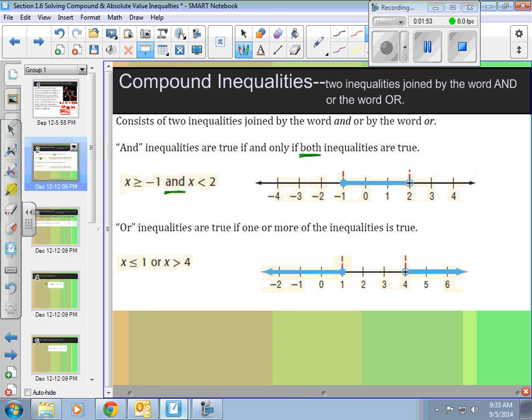So x has to be greater than or equal to -1, and x has to be less than 2. So that is shown here on the number line. Then when we use or, it's true if one or more of the inequalities is true. So they do not both have to be true at the same time. That is for the word or. So for this one, x is less than or equal to 1, or it is greater than 4. So you can have multiple parts on the number line.